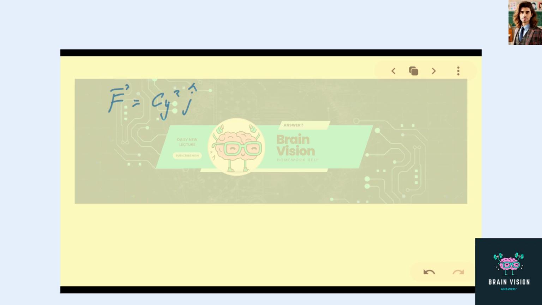Now if you were to consider the work done from an arbitrary point x, y to x prime, y prime, what we have to do is integrate the total force times the direction of the movement that is parallel to our force, which in this case is just dy, right?